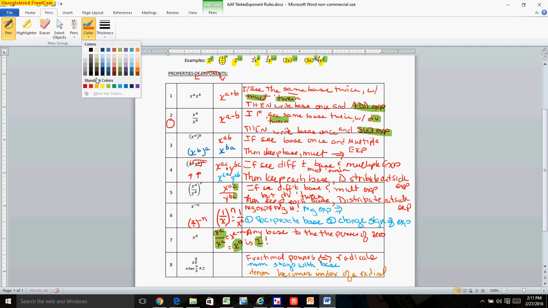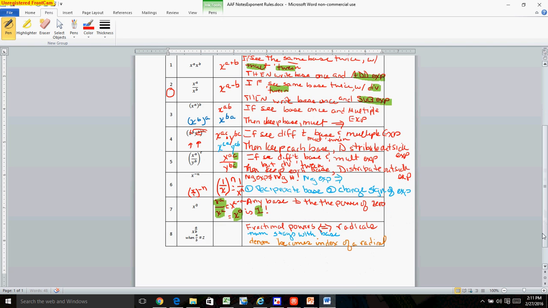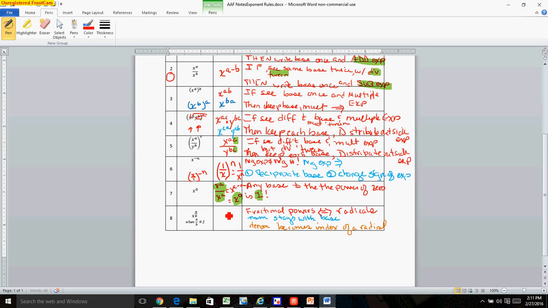It's actually a very cool and useful property. So I'm going to write it in here, what it looks like. So keep the base x, keep the numerator power, right? The numerator stays with the base, and the denominator becomes a radical.